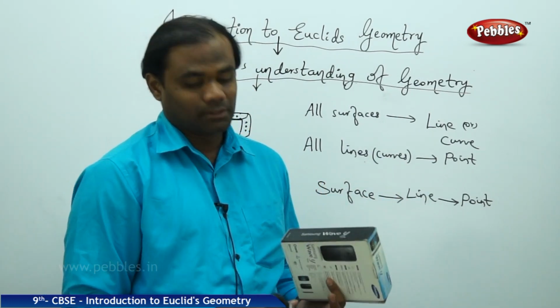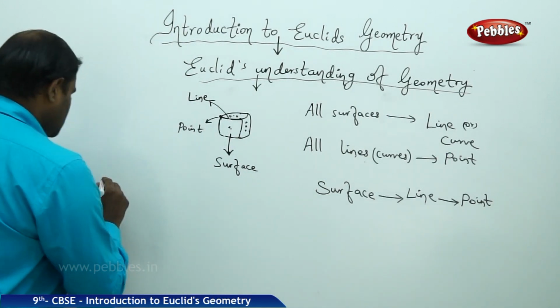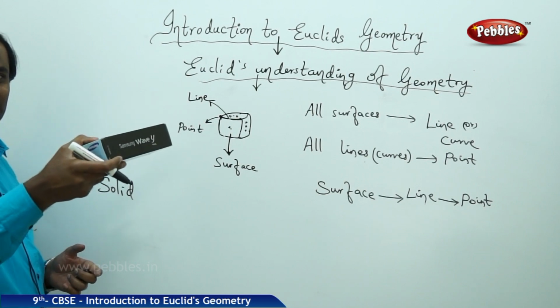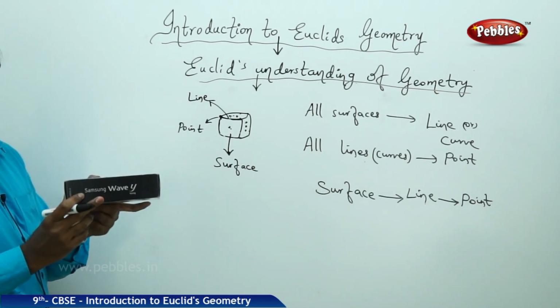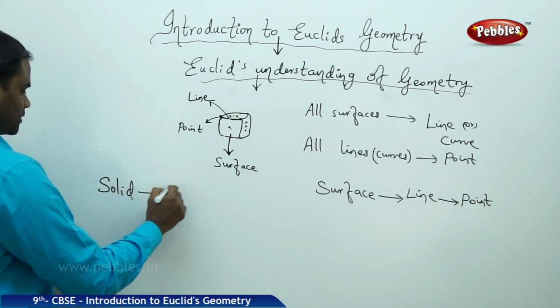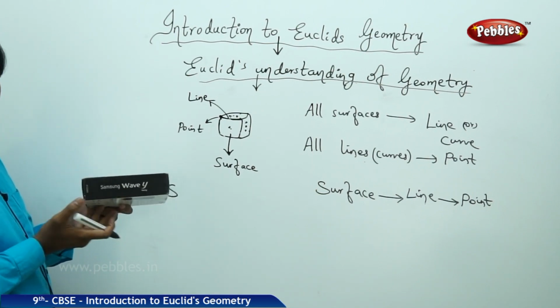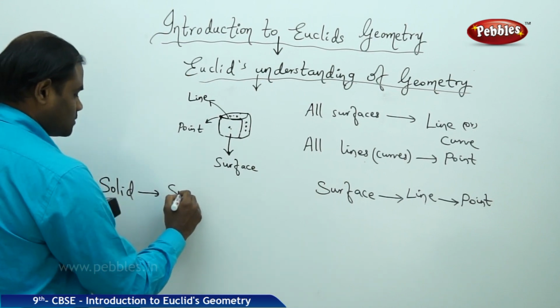So basically, the transaction goes that a solid, or the object itself, in this case being a box, makes the surface. The box is the initial making which makes each of the 6 surfaces.